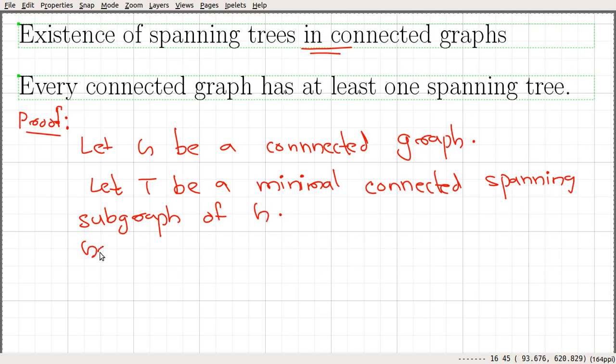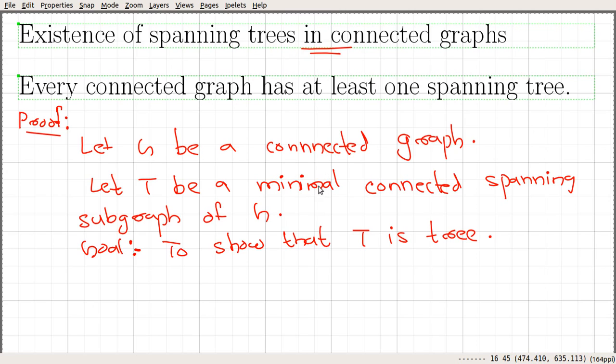Our goal is to show that T is a tree. A spanning subgraph means this particular subgraph contains all the vertices of G, and it is a minimal one.